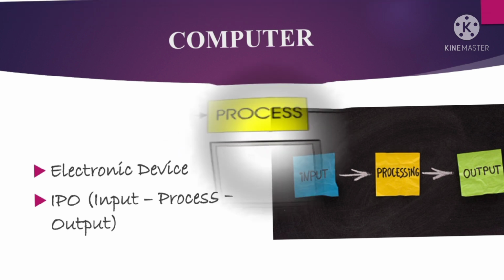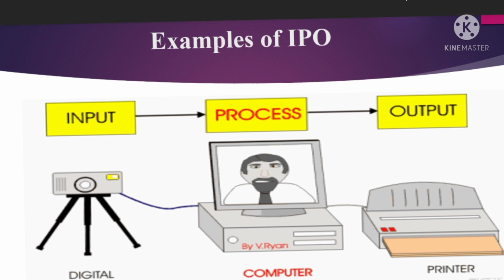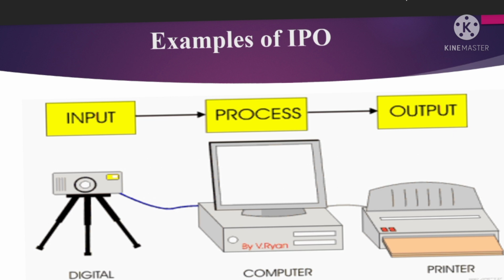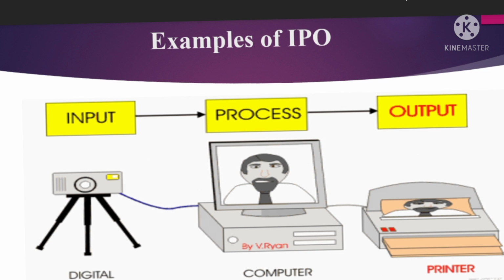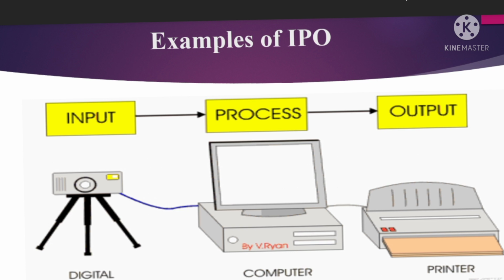I have certain examples over here. The first example is about a digital camera. This is the one which we use to take pictures with and then transfer directly from the camera to the computer. This is an example of a digital camera which stores images onto various forms of computerized storage.